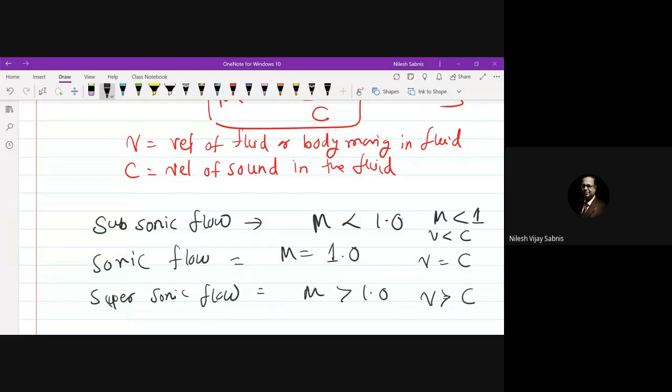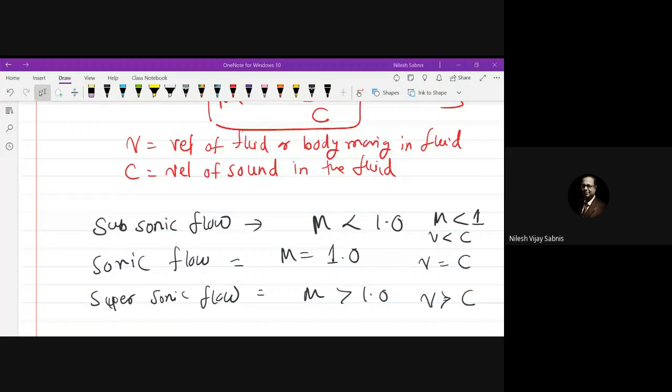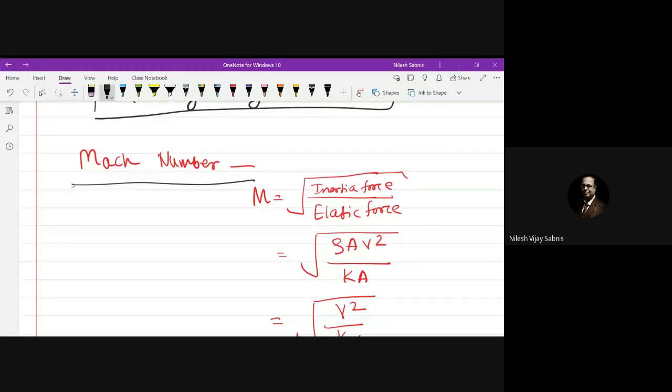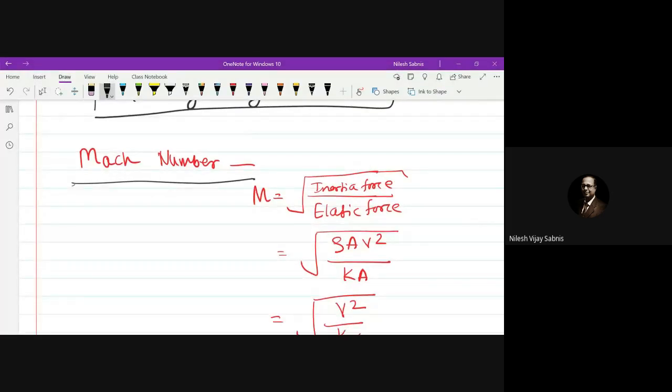So you might have heard of supersonic aeroplanes, supersonic velocity, having the property of supersonic. Like that, it comes from the condition of this compressible flow. The concept is called Mach number. Mach number is nothing but a ratio of square root of inertia force to the square root of elastic force.